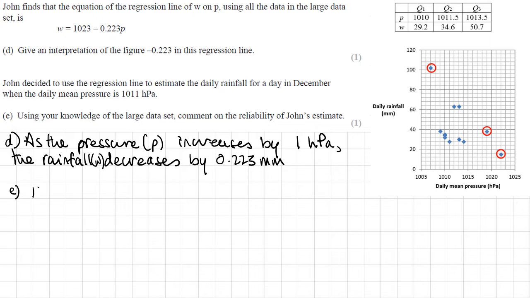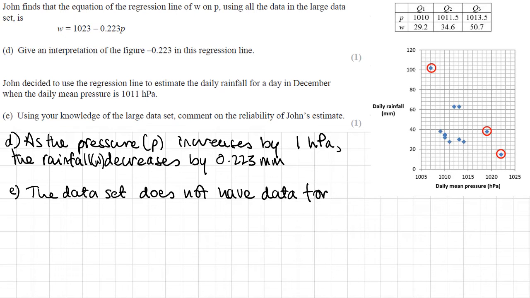Well, the large data set does not have data for September, or sorry, data for December. Remember, it only goes from May to October. So May to October only.